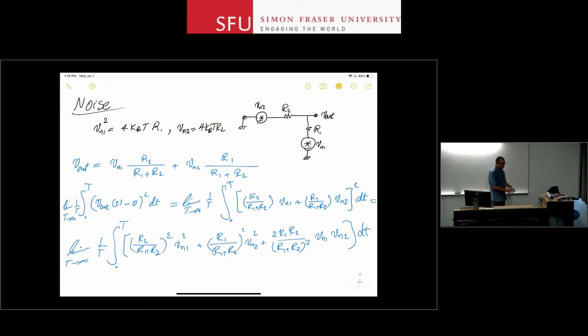Nothing complicated. But now that I want to calculate this integral, I take advantage of the fact that these are two different resistors. So the noise that is produced by one is independent of the other noise. The two Vn1 and Vn2 sources cannot be correlated. They are independent noise sources. So the first term and the second term are easy, they stay, but the third term, when I calculate that integral, because Vn1 and Vn2 are independent from each other, it should integrate to 0.